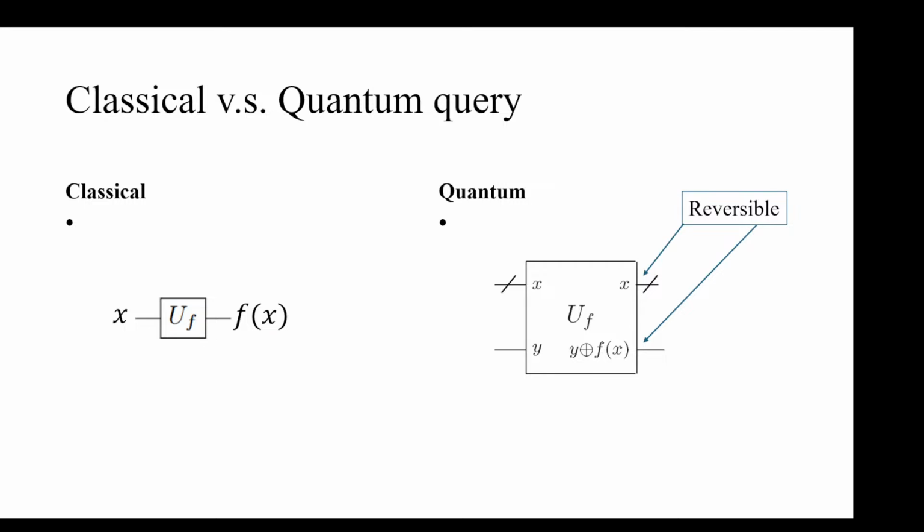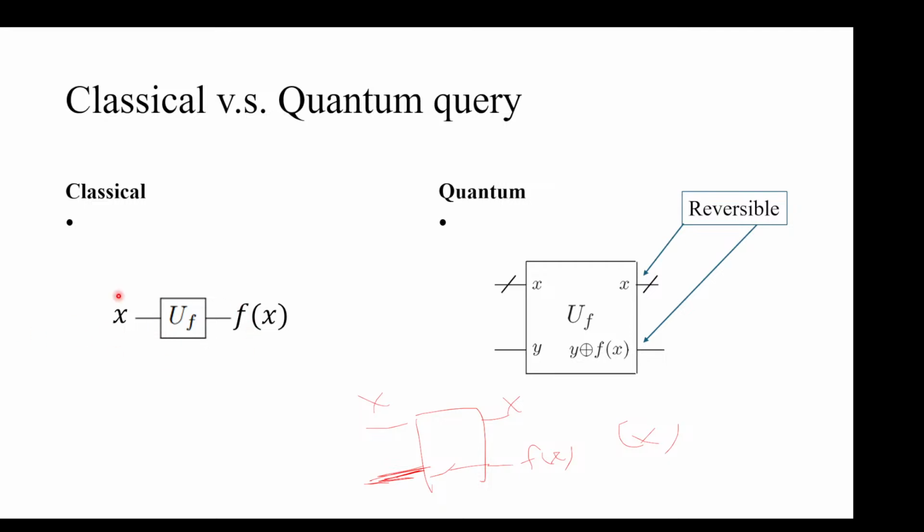And also you cannot just, okay, I guess it is kind of a straw man, have x and f of x like this. This is also not allowed because you cannot just create an extra register. In a quantum operation, the number of lines must be consistent. So you must have some line here, and that's why you put a y here and add your f of x onto your y. Okay, so this is necessary. I tried to explain a little bit why the quantum oracle looks like this.